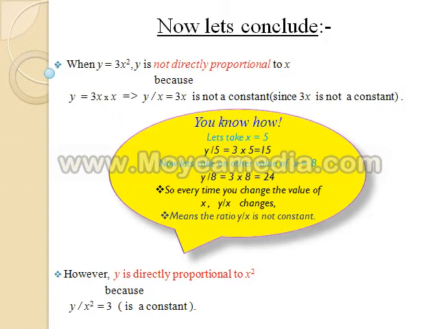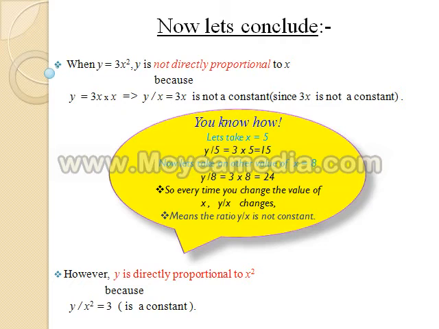So every time you change the value of x, you are going to get a different y over x. So what does it mean? The ratio y over x is not constant. For directly proportional, y over x must be constant, right? But in fact here y is directly proportional to x square, and I can show you here too.